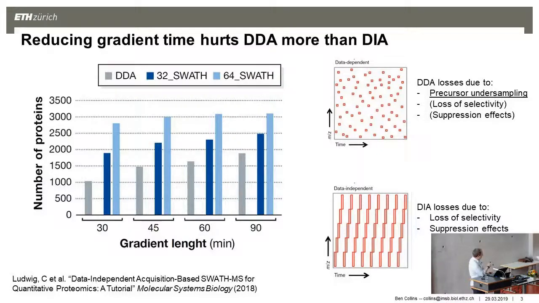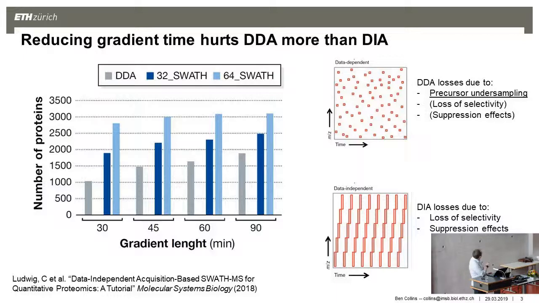So in DDA, you're asking the machine to acquire MS2 spectra on as many precursors as it can, and this takes time. And so as we squeeze the gradient, we're going to get precursor undersampling.